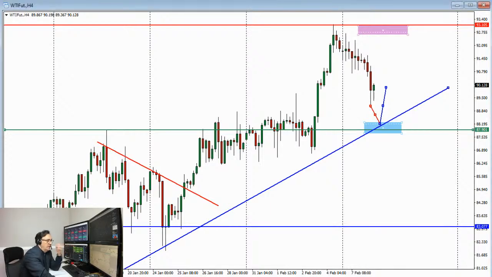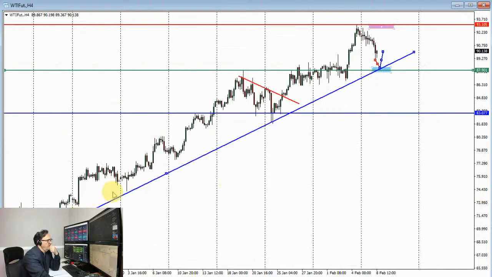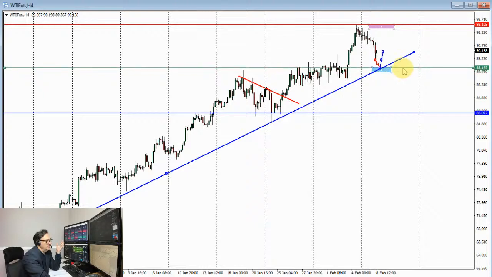So crude oil is uptrending very nicely. Corrective pullbacks, rally, corrective pullbacks, rally. So this was a consolidation here. That level is fresh in the memory of crude oil traders, and they would likely react to something like that.